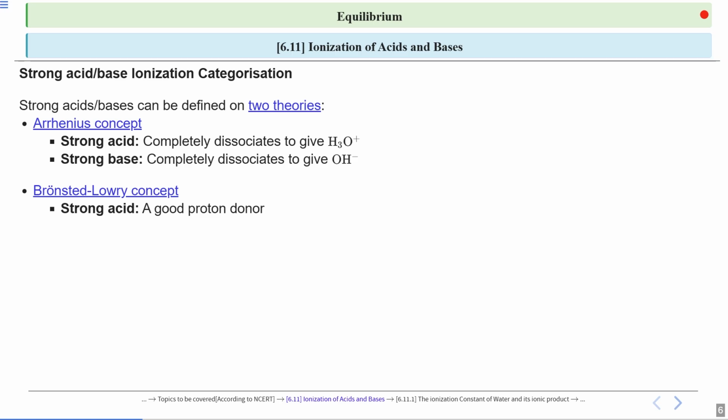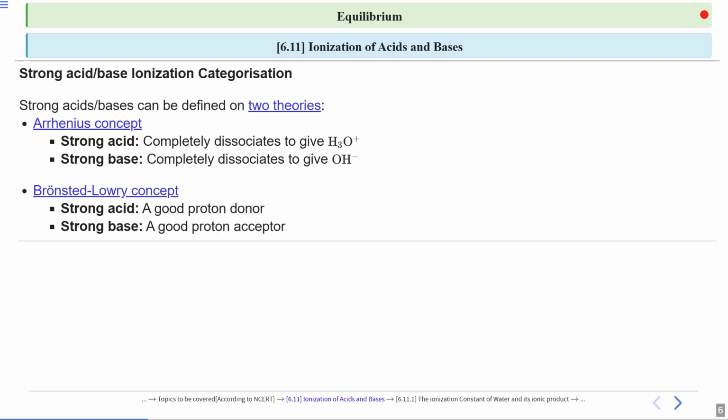For that reason, I would suggest that to decide strong acid and strong base, you mostly go with the Arrhenius concept, because you know very well which substances completely dissociate, at least in most cases. But still, you need to know the Lowry concept as well. It tells that a good proton donor is considered a strong acid, whereas a good proton acceptor is considered a strong base.